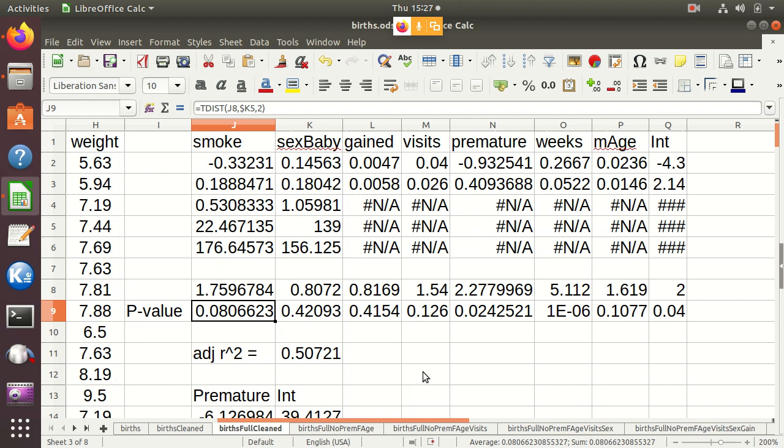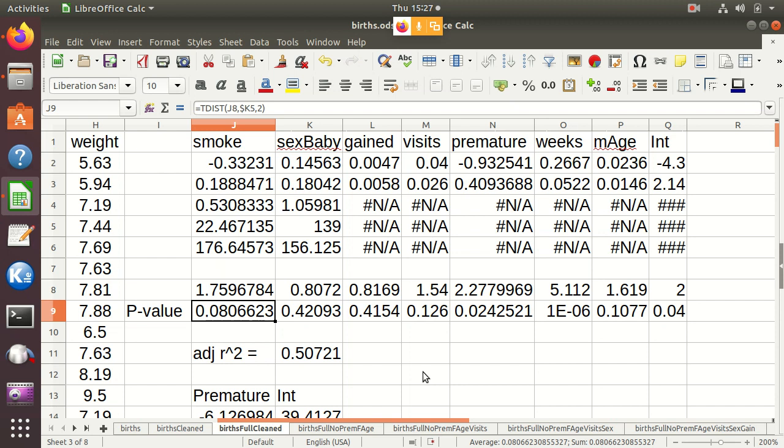Well, that should be very, very highly dependent, because premature or full term is defined by the number of weeks. So if you go 37 weeks or more, you're full term. If you go fewer than 37 weeks, you're premature.